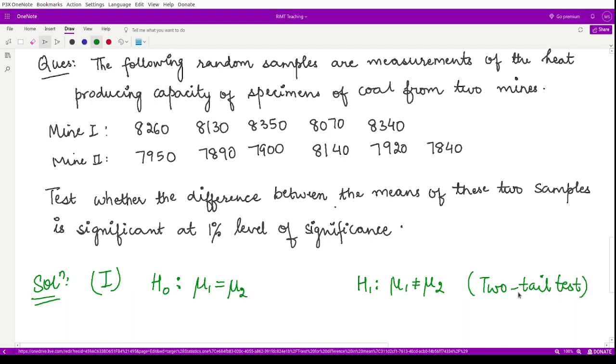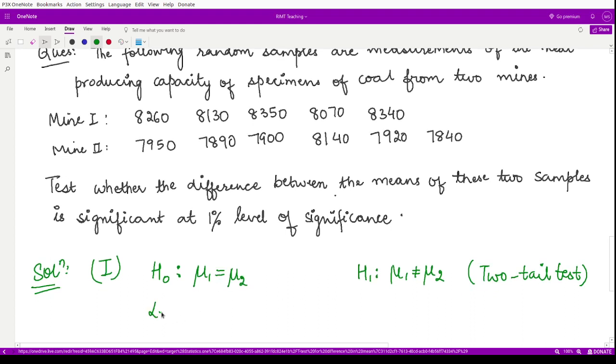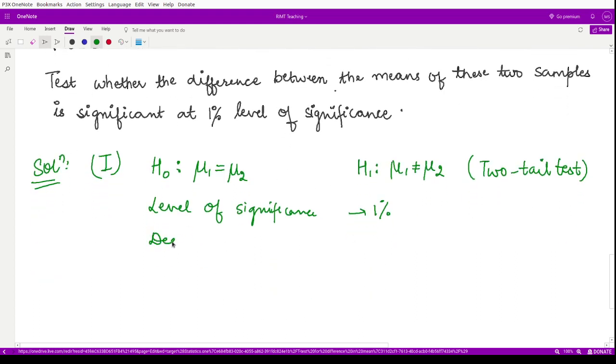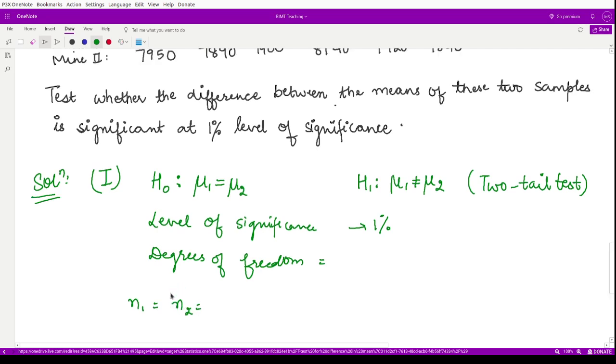After setting this, we want to test this with a level of significance. How much? 1%. And in this case, what would be your degrees of freedom? What are your N1 and N2 that are required?